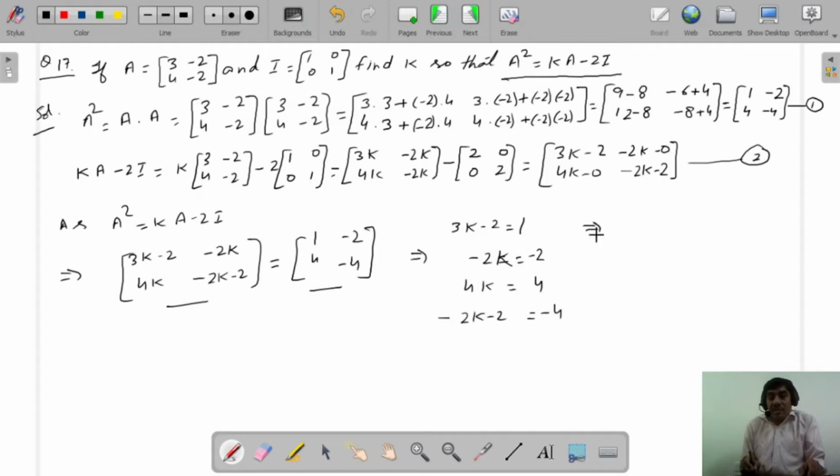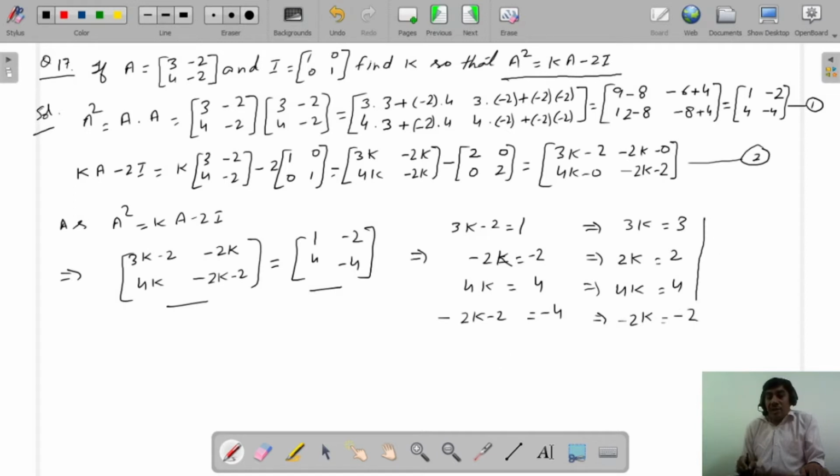This implies 3K is equal to 3, 2K is equal to 2, 4K is equal to 4, minus 2K is equal to minus 2.